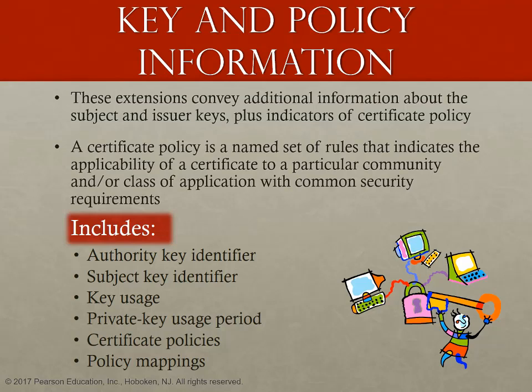Subject key identifier identifies the public key being certified, useful for subject key pair updating. Also, a subject may have multiple key pairs and correspondingly different certificates for different purposes. For example, one for digital signature and another for encryption key agreements.